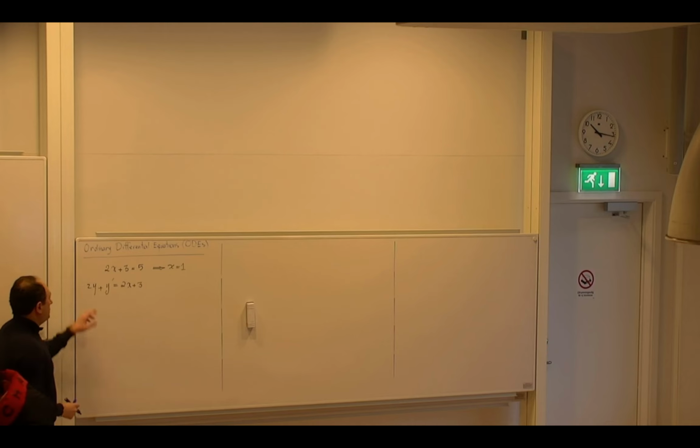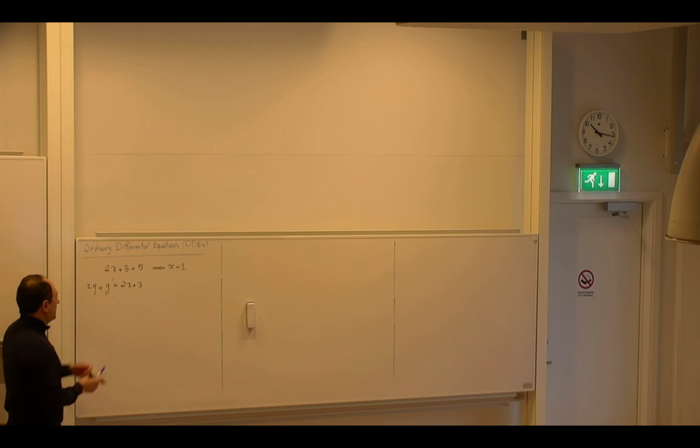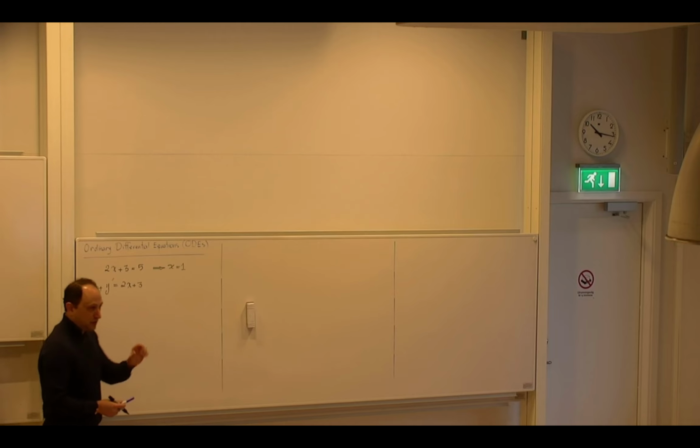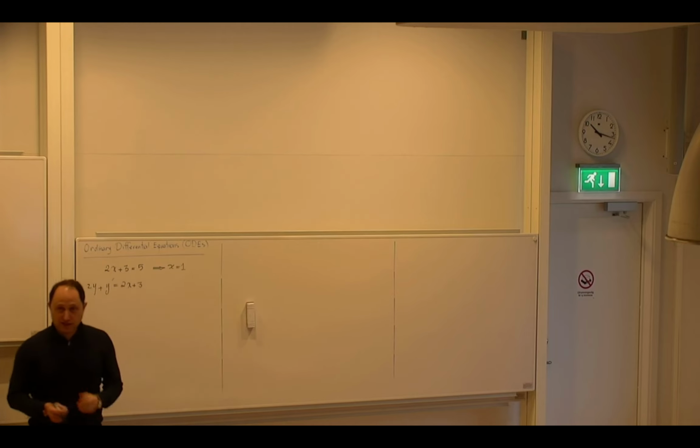So I am looking for a function so that this equality holds. What does it mean? It means that if you give me that function, I replace y with that function, I differentiate that function and construct the left-hand side, it becomes identical to the right-hand side. If I can manage to do that, that function is a solution to this differential equation.